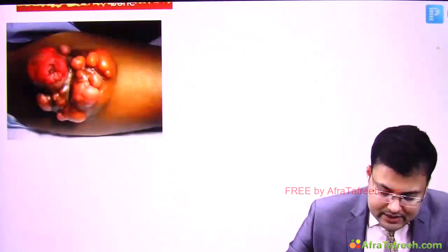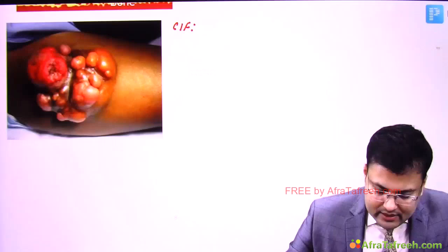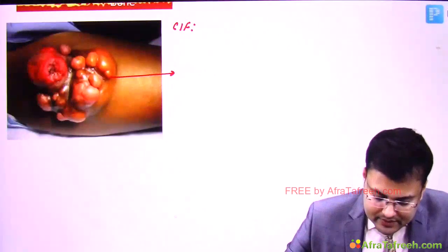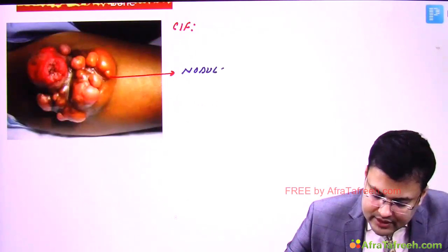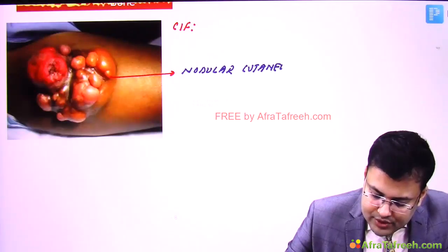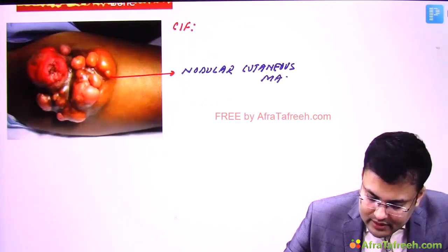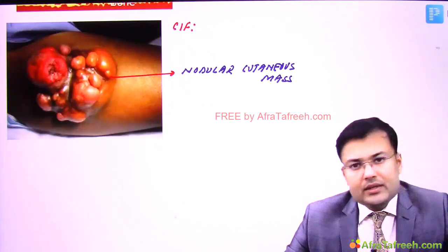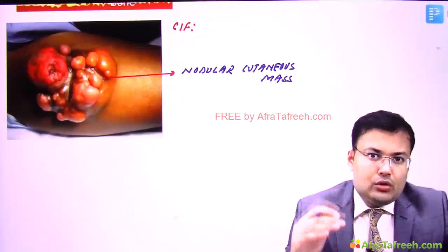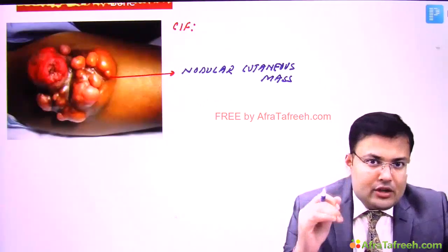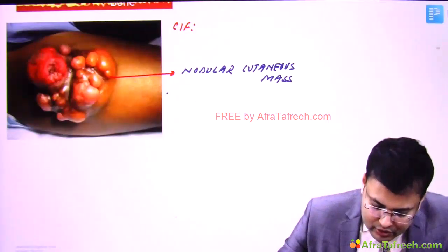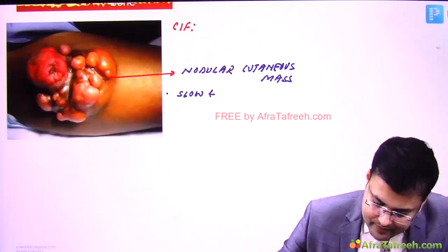Now see the clinical presentation. We discussed what kind of growth there is. These patients have a nodular cutaneous mass, and you can see there is protrusion. Clear? In these tumors there is slow and persistent growth over a long period of time, and because of that you notice the protrusion.